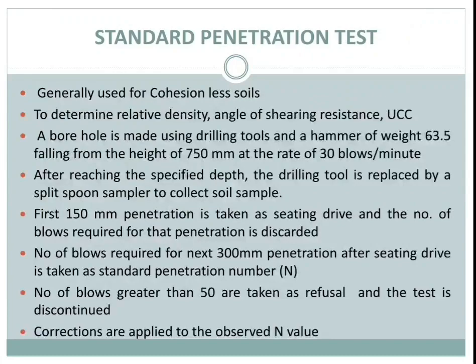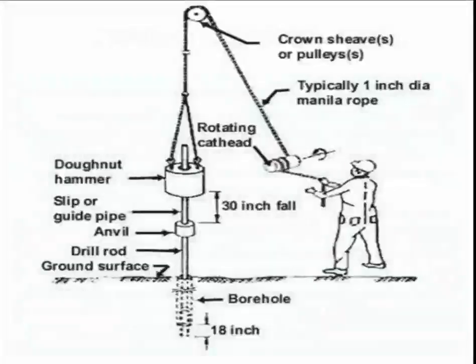The number of blows required for the next 300 mm penetration after the seating drive is taken as the standard penetration number. If the number of blows is greater than 50, it is taken as refusal and the test is discontinued. Corrections are applied also. These are the images of the standard penetration test.